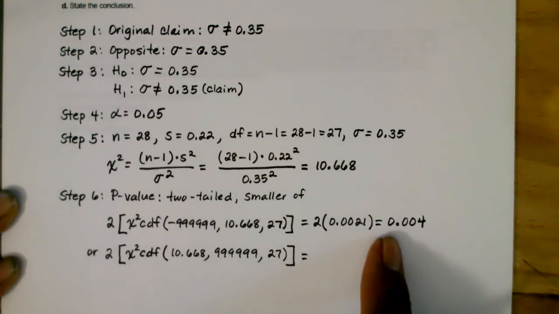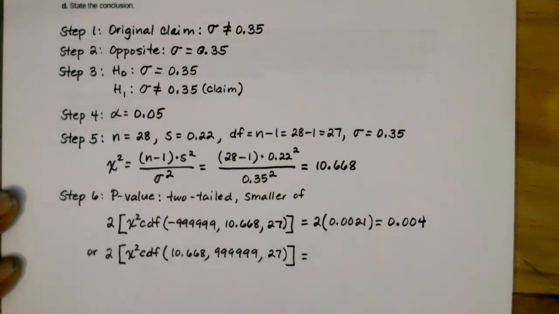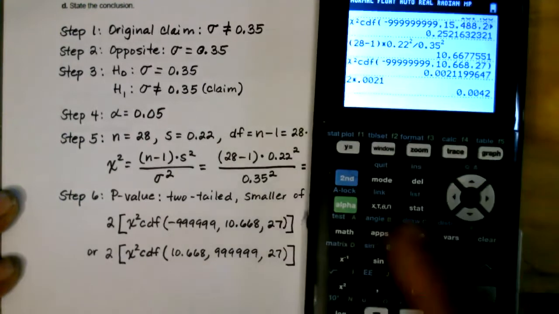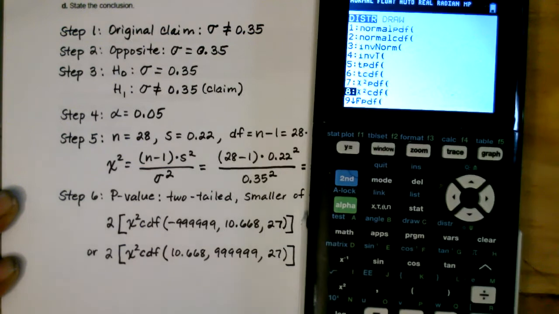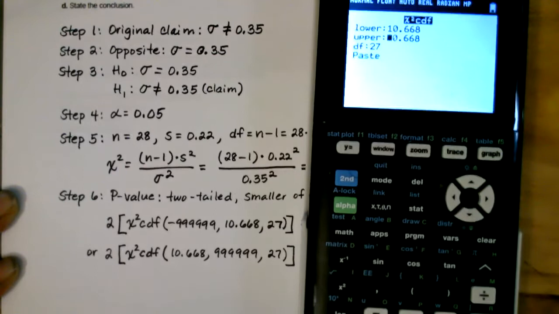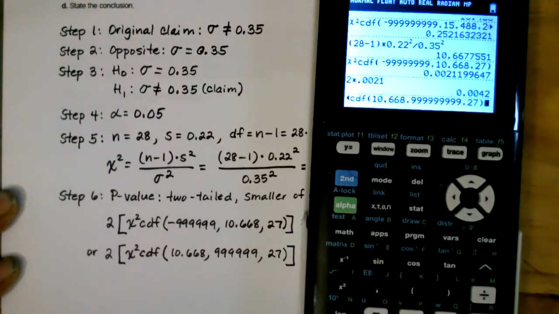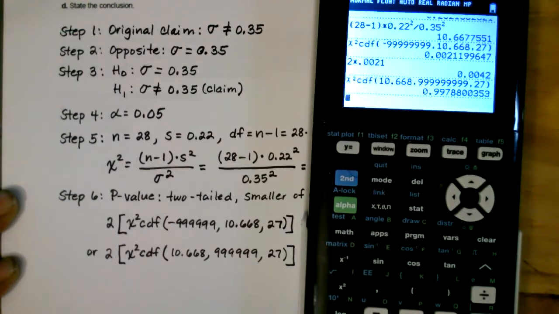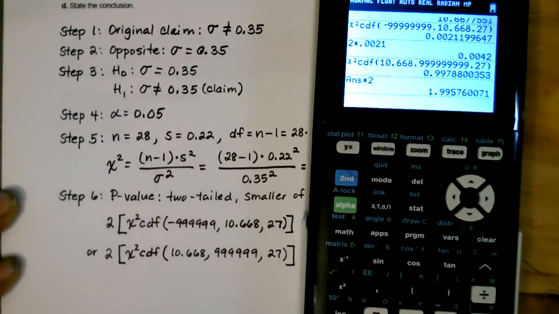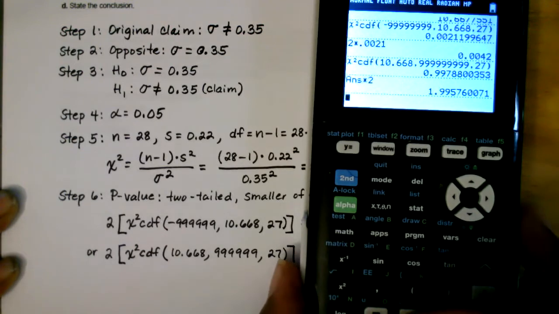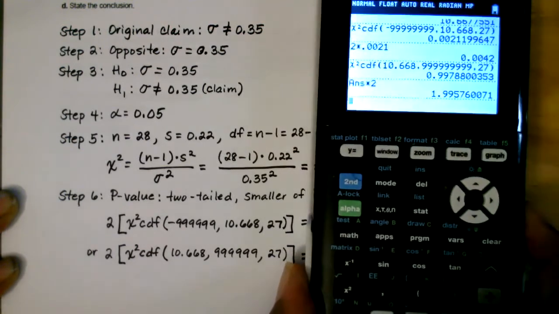And I think that's going to be the p-value, because if I try to do this, and I'll go and do this just to show you, second bars, and then chi-square CDF, the lower limit is 10.668. The upper limit will be as many nines as you want, and then degrees of freedom 27. Hit enter 3 times. If I did 2 times this, it's going to be more than 1. Okay.